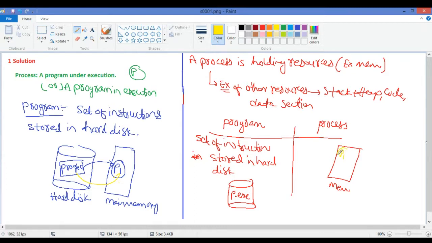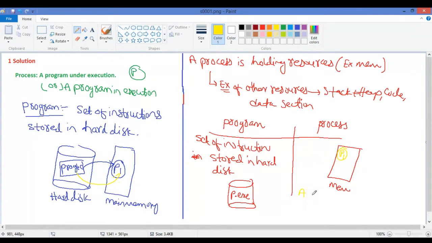Process means the program which is stored in the hard disk has been moved to main memory. Then we will not call it a program, we will call it a process.